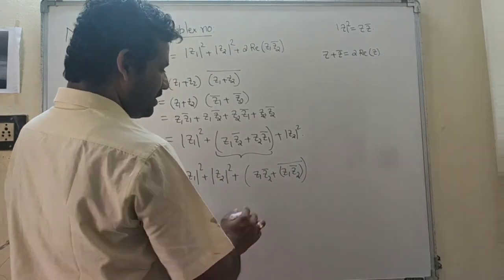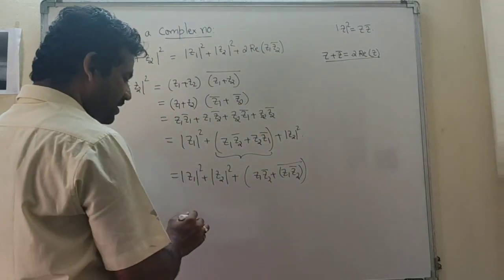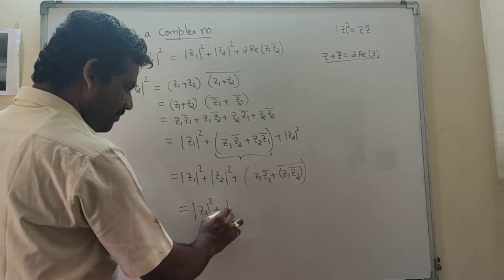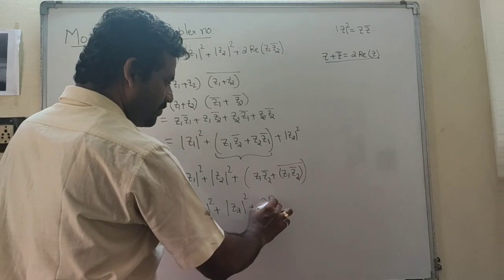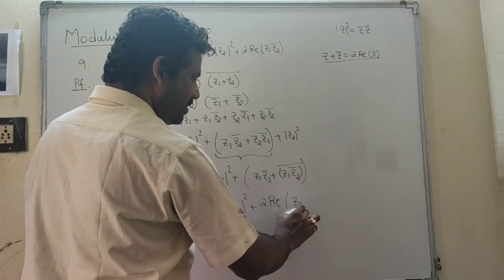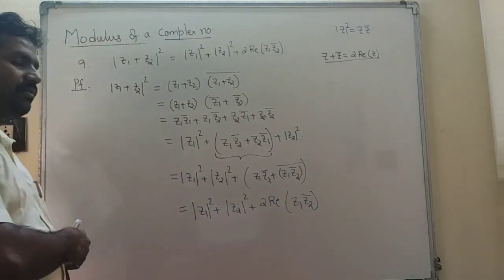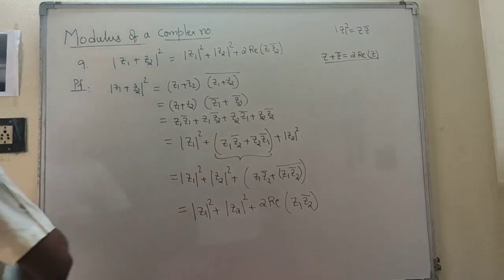That is z plus z bar. What is z plus z bar? Twice real part of z. So mod z1 square plus mod z2 square plus twice real part of z1 z2 bar. So that is the proof.